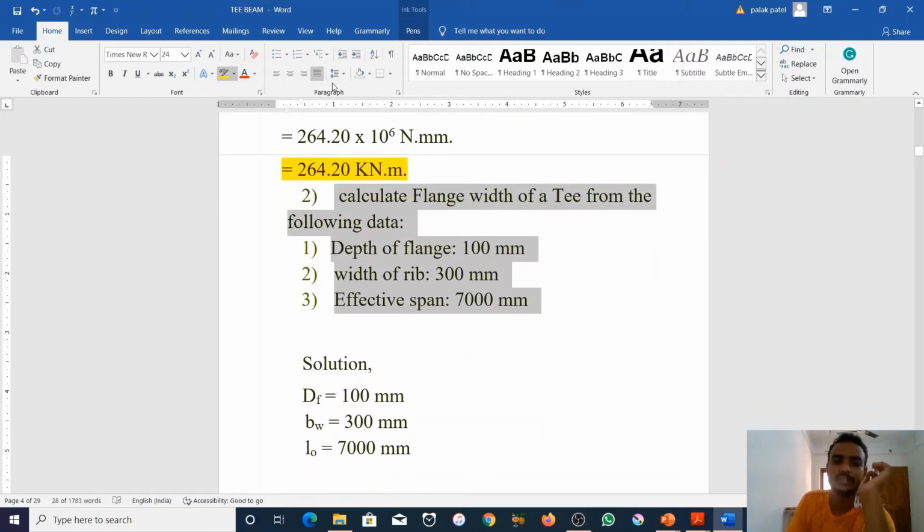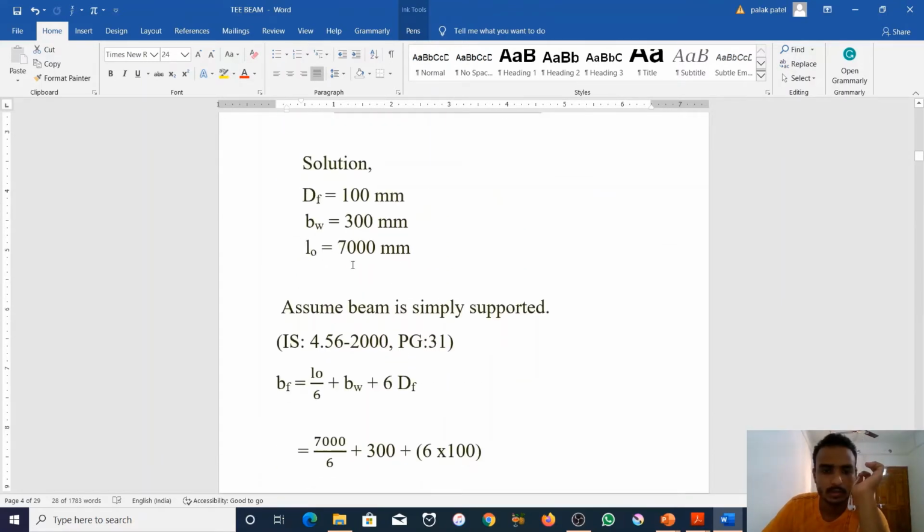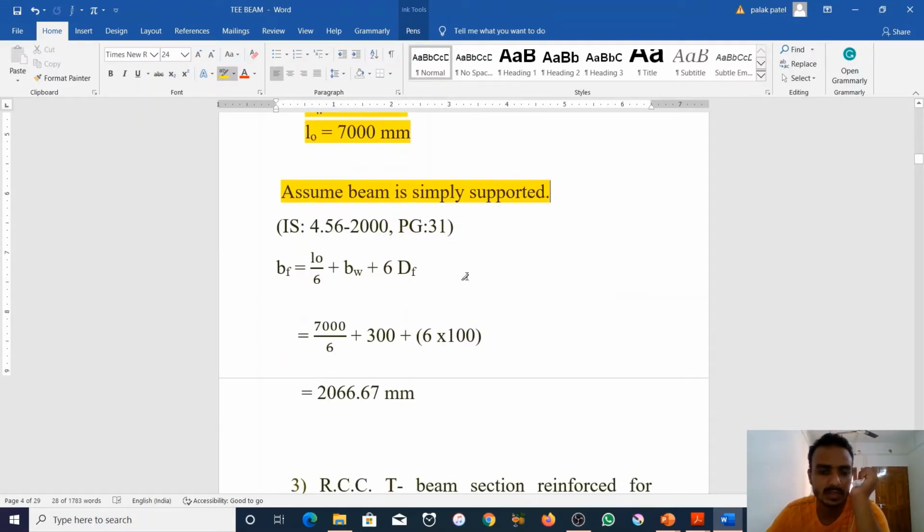So let's calculate. Depth of flange, width of web, and L0 effective span. Assume the beam is simply supported. So you have the equation here: bf equals L0 by 6 plus bw plus 6Df.